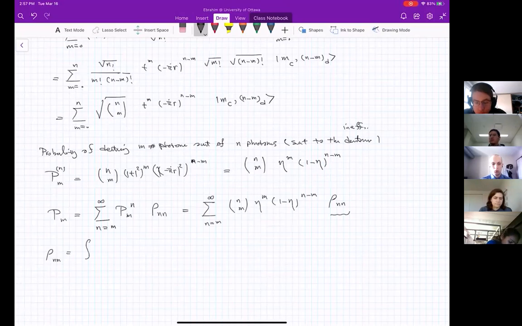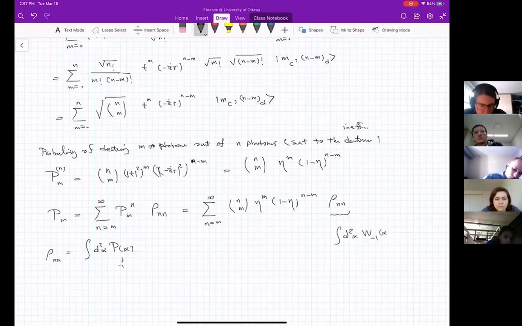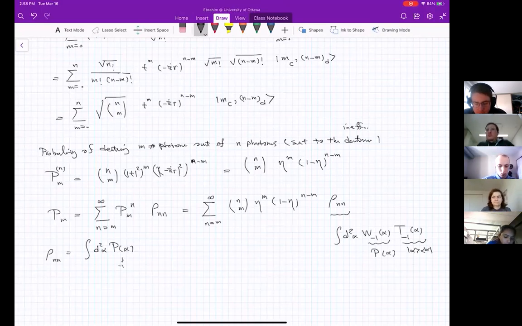It was equal to d2 alpha. We are looking at the P representation, right? Then you have to look at the trace of rho essentially in the basis of coherent states, because if you remember, that was something like this. It was equal to the integral of d2 alpha W minus 1 of alpha, and then you had T minus 1 of alpha. T minus 1 of alpha was the alpha projector, and then W of minus alpha, the quasi-probability distribution, was P of alpha.